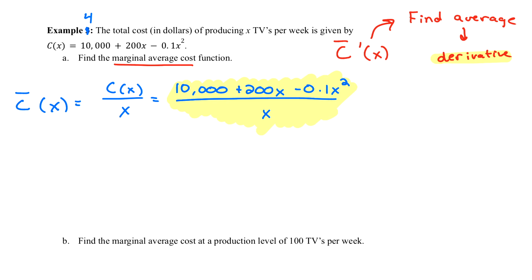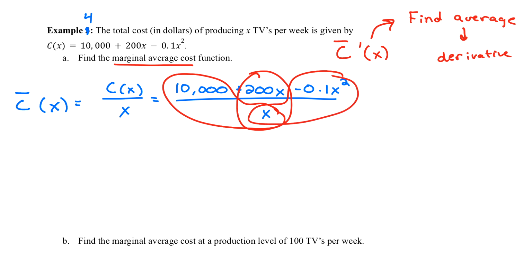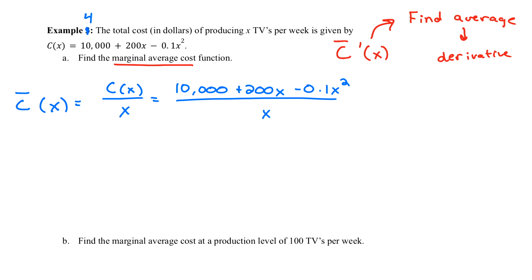So we're going to have to find a clever way to rewrite our function so that we don't have division, or so that we can use our power rule, because right now that's really the only tool that we have. So I'm going to take each term in my numerator and divide it by X. I'm going to take this one fraction and split it into 3 separate fractions.